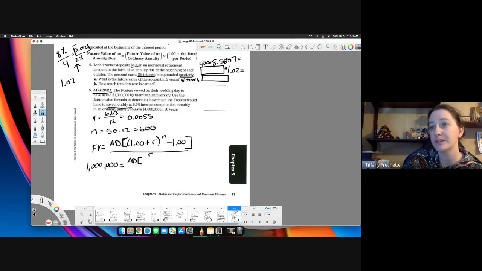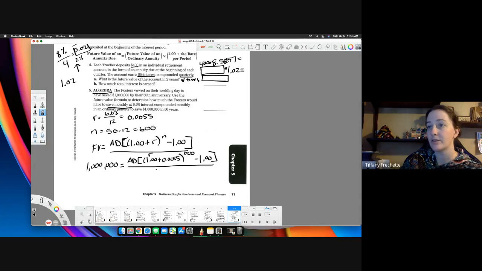So when we put this piece in, we plug in what we got for R, 0.0055. And then N, we already calculated N, it was 600. So there was a reason we calculated those to begin with. Then we subtract 1 from that before multiplying, and this is all over the rate again, all over R, which is 0.0055.